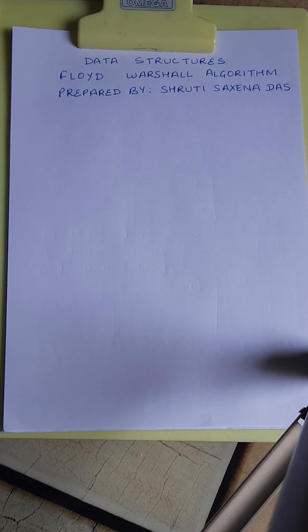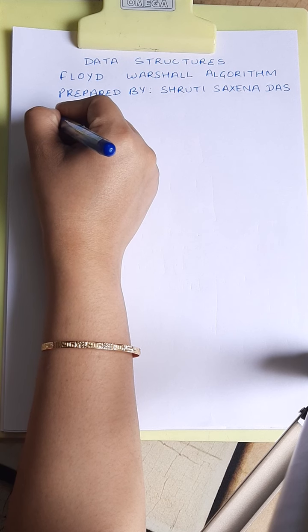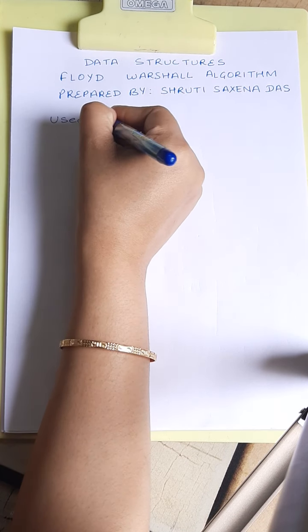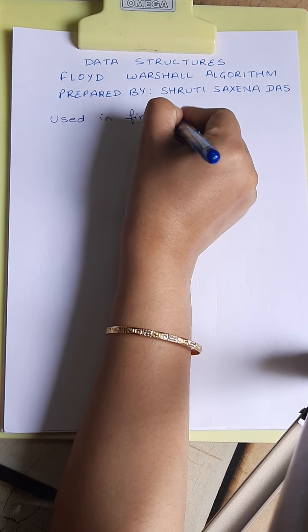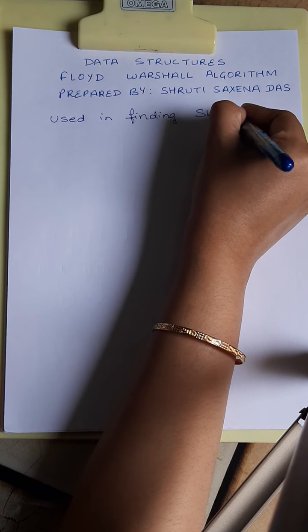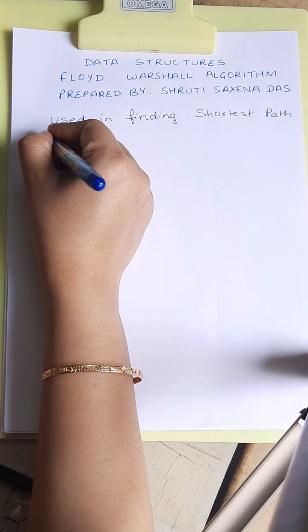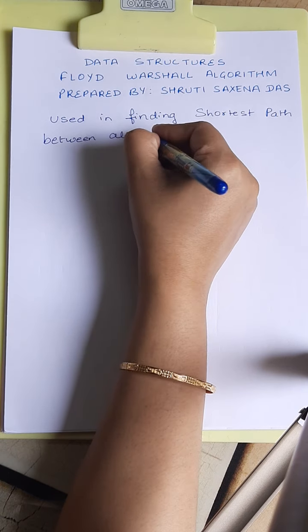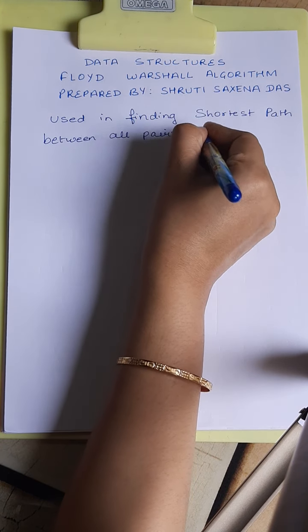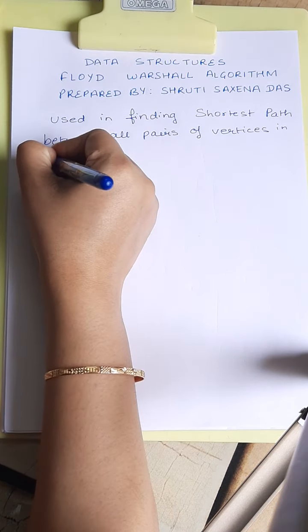This algorithm is used to find shortest path between all pair of vertices in a weighted graph.